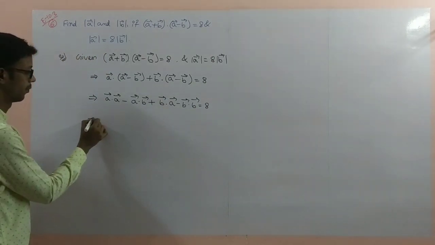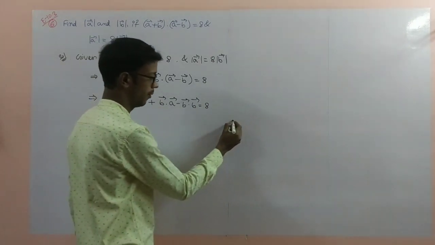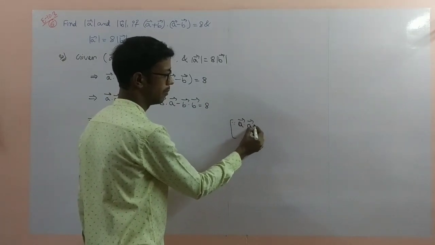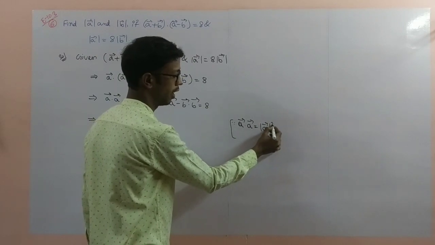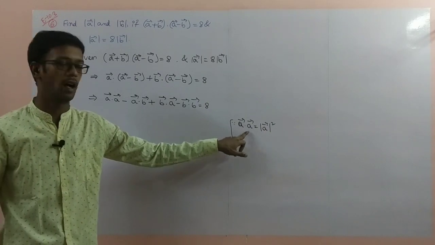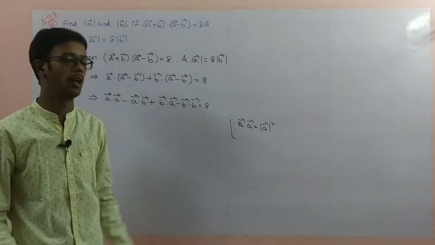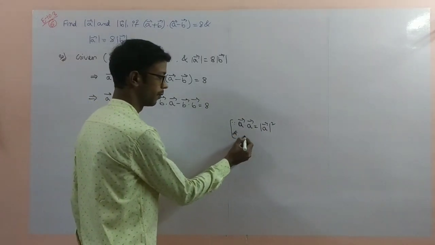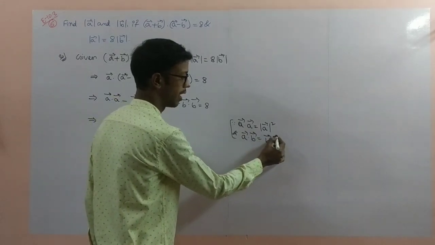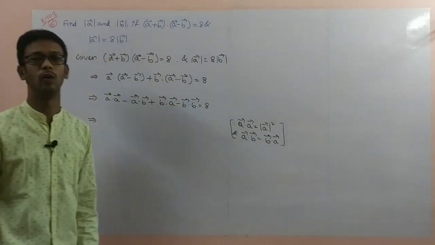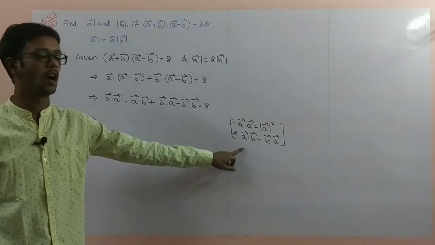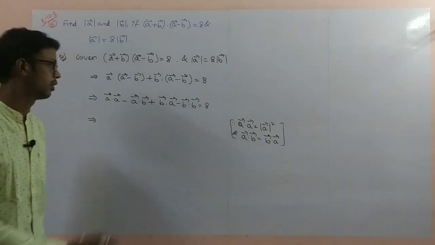Now we have the two formulae. A bar dot A bar equals magnitude of A bar square, as we already discussed in the previous note point, and A bar dot B bar equals B bar dot A bar. Commutative law: the scalar product, or dot product, is commutative. So I'll use the commutative property here.